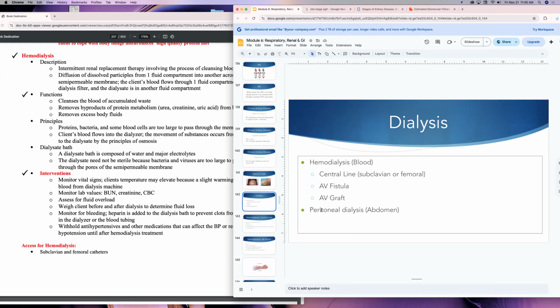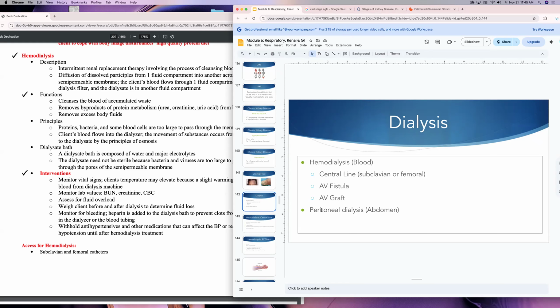Then there's peritoneal dialysis where we're using fluid. We put fluid in the abdomen, and the wastes from the body are going to diffuse into the fluid. And then when we drain the fluid out, we're removing the waste from the body that way.